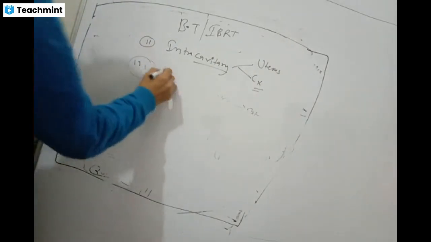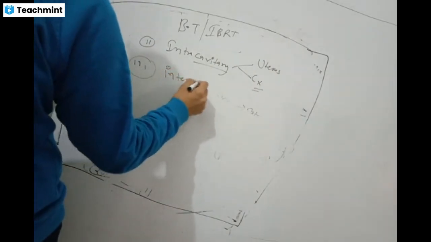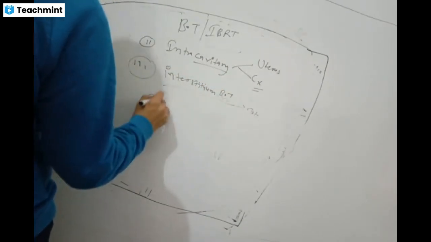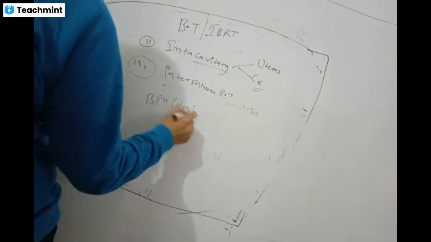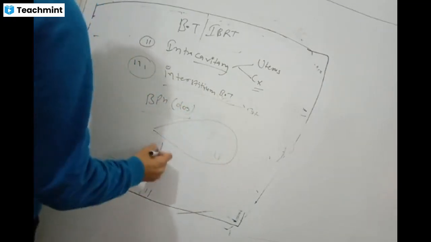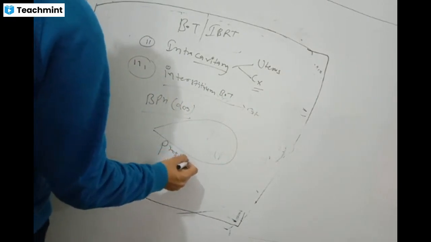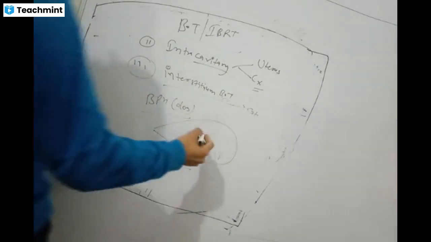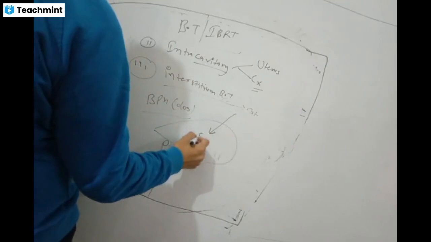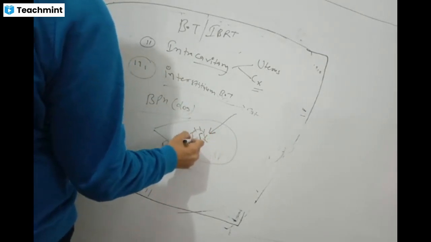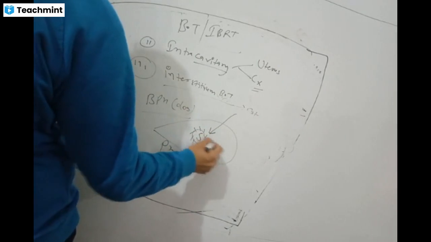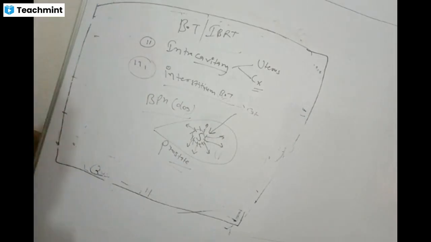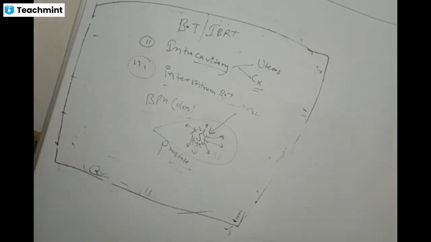Third is interstitial brachytherapy. In dogs, in case of BPH, the enlarged prostate, benign prostatic hyperplasia, or some prostatic tumor, surgically we keep the source inside the interstitium of the tumor. It will emit the radiation and kill the tumor cells. This is the interstitial example.